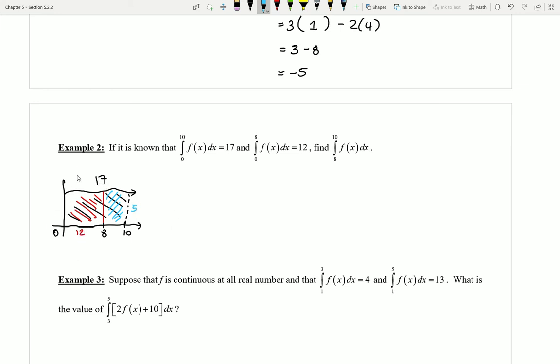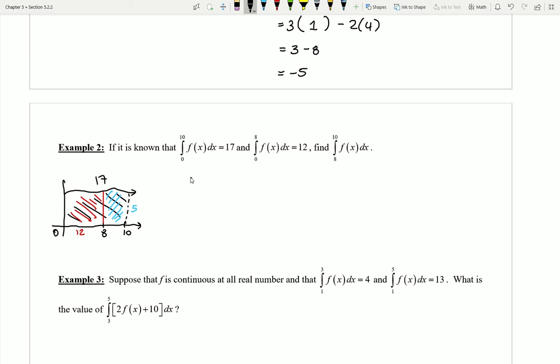While here the picture is really great, let me caution you that sometimes a picture may not be the most illuminating way of dealing with this. So here's what I would tend to do on most questions. This is a great time to use the idea that if I took the area from 0 to 8 and added the area from 8 to 10, that's the same as grabbing all the area from 0 to 10.